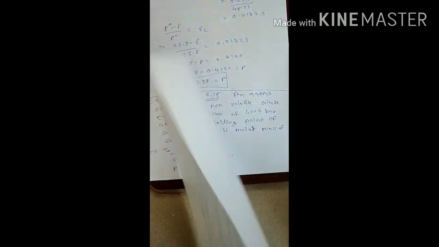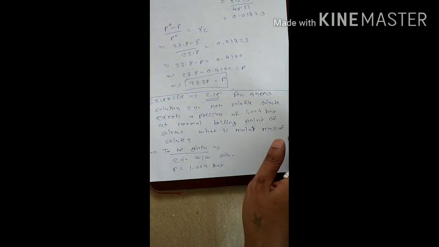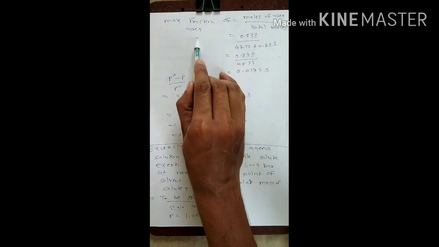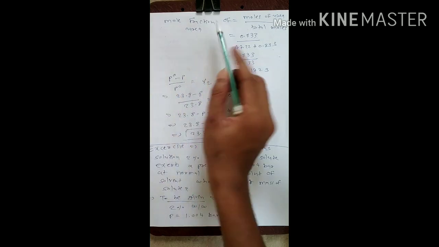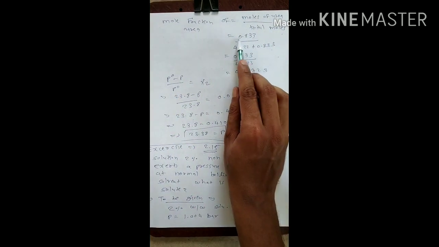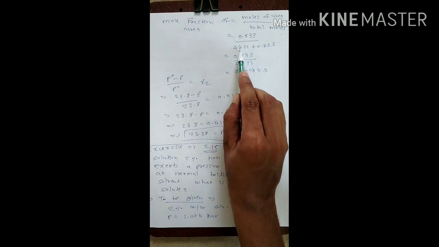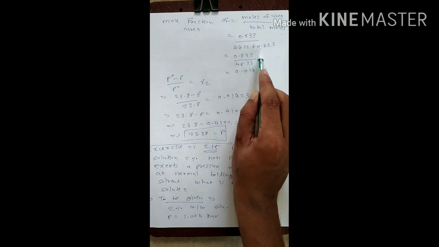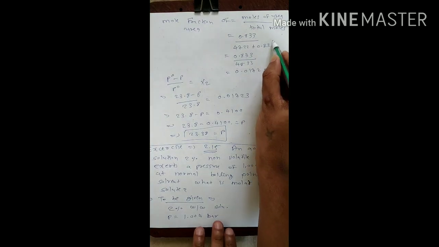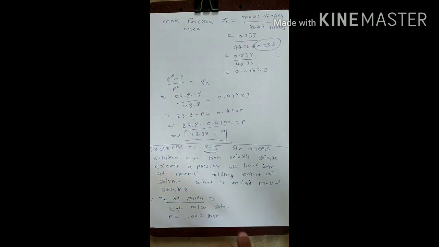Now, mole fraction of urea is equal to moles of urea divided by total moles. 0.833 divided by 47.22 plus 0.833. Now here I am not neglecting this value. When to neglect that value? I am telling you, this is a very important point.